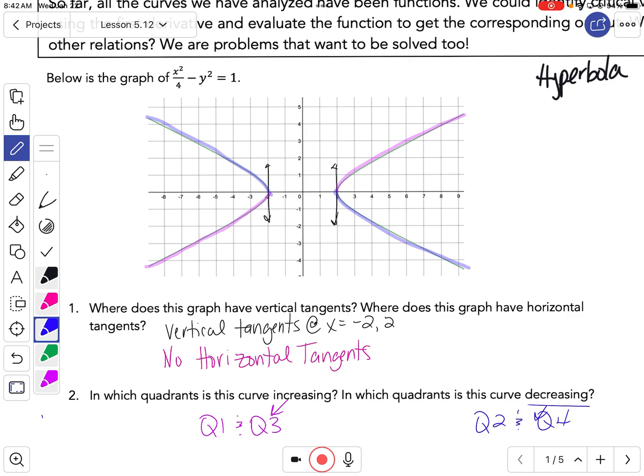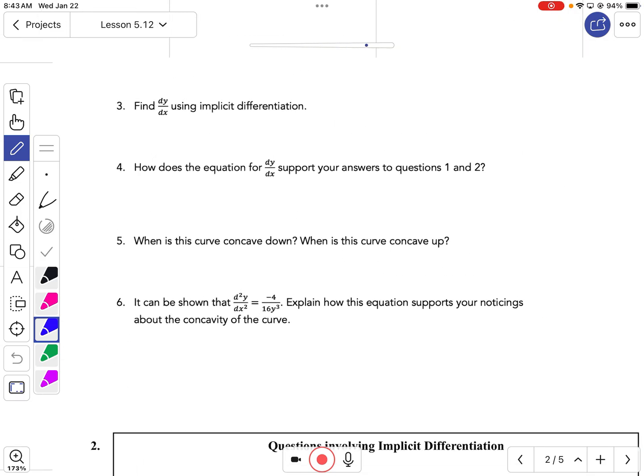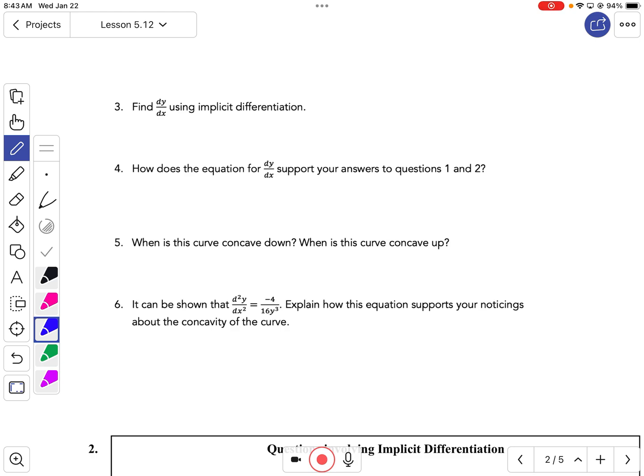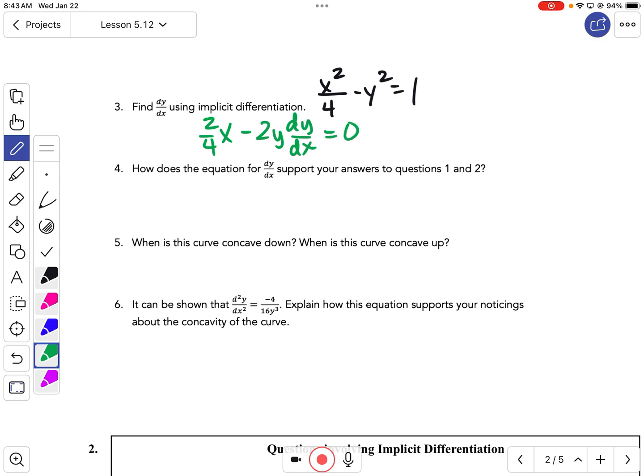Now it asks me to find dy/dx using implicit differentiation. My original equation was x squared over 4 minus y squared equals 1. Implicit differentiation gives me 2/4 x minus 2y dy/dx equals 0.